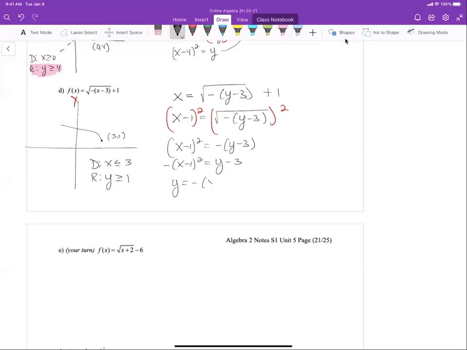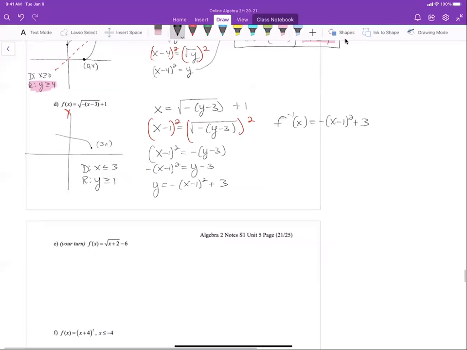And I will get my answer, or a function, or an equation for y. And what did we just find? We just found the inverse function of x. So we need to write it in correct format, and that is f inverse of x is equal to minus x minus 1 squared plus 3.